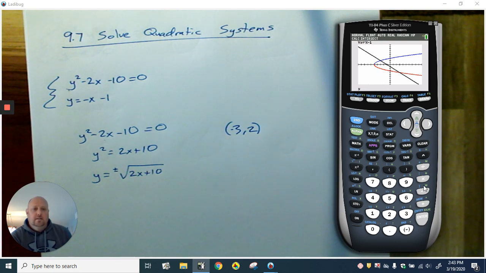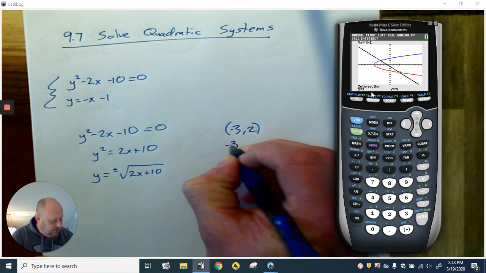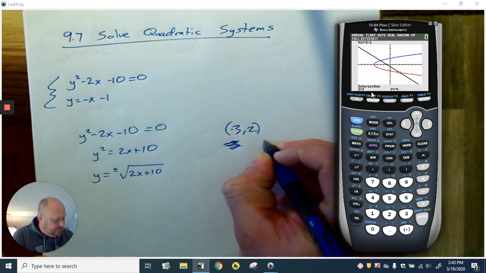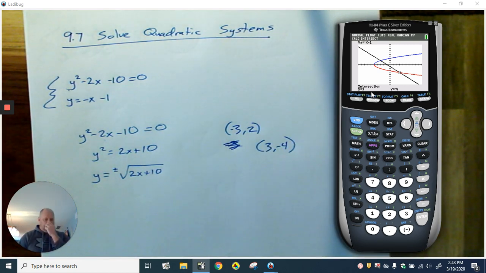Yep. And then we guess. We say, all right, we think the answer is approximately right about there. We press enter, and it tells us the intersection point is 3, -4. Okay.